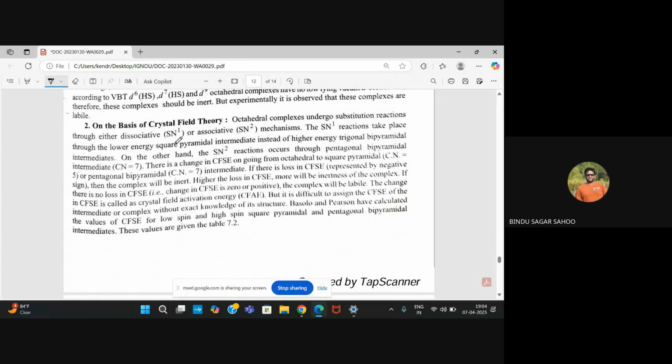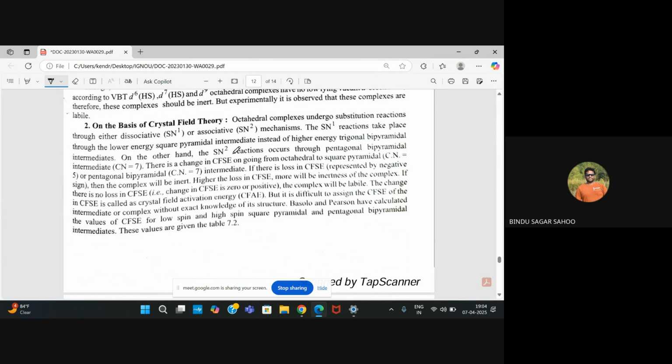So in crystal field theory, we need to measure the energy difference between the reactant complex and the intermediate. Suppose in an SN1 mechanism, the initial reactant complex will be an octahedral complex, and the intermediate will be a trigonal bipyramidal or square pyramidal complex.